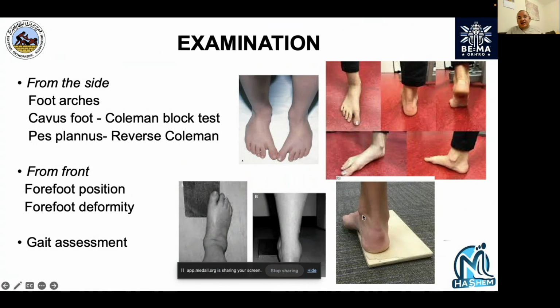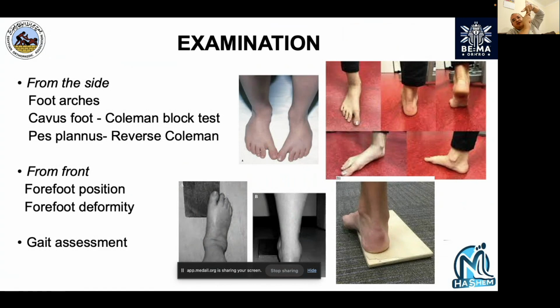To understand the idea of the Coleman block test, consider the normal tripod of the foot, as I've shown you, and how the weight bearing goes through the foot. You load your heel, you load the lateral border of your foot, then you load the head of the first metatarsal. And this tripod has to be continuously in normal relation. That's why the problem with the cavus patient is that this part of the tripod, the first ray, is dropped down.